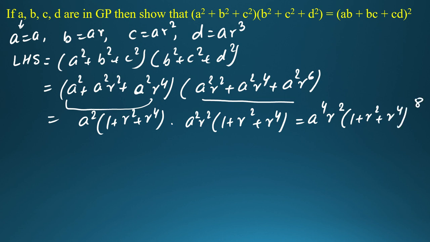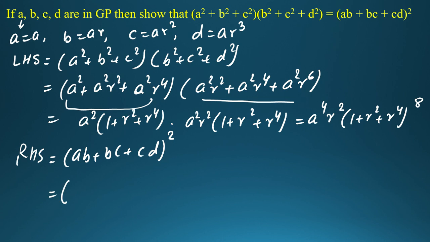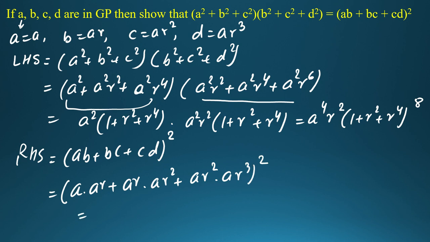Now RHS, you see here, this is ab plus bc plus cd to the whole power 2. Now just put the values of a, b, c, d here. So a means a, b means ar, plus b means ar, c means ar square, c means ar square, d means ar cube, to the power 2. Now simplify this. Now it will be, I guess, a square r plus a square r cube plus a square r to the power 5, to the whole power 2.